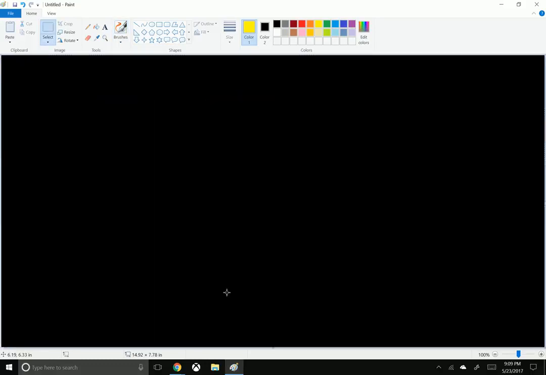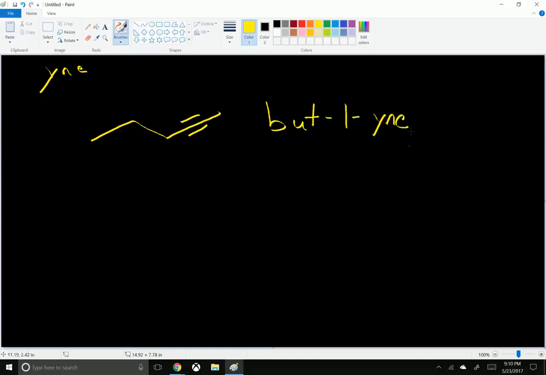All right, triple bonds are treated pretty much the exact same way, except that they end in yne, and they're pronounced yne. So this right here, but-1-yne. It's a butyne. You will occasionally see something like that written like this, 1-butyne.